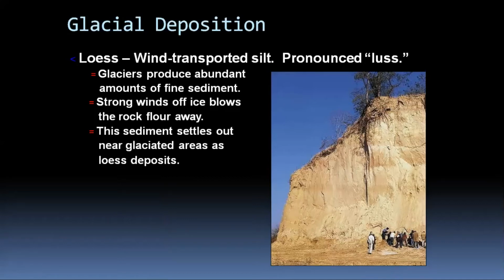Glaciers produce an abundant amount of fine sediment, especially in the outwash when the glaciers are melting, and we have the fine material that was ground by ice, and then it settles in a particular area, and once it dries, if the winds are strong, they can pick up the silt size material. So all of this is very well sorted material.